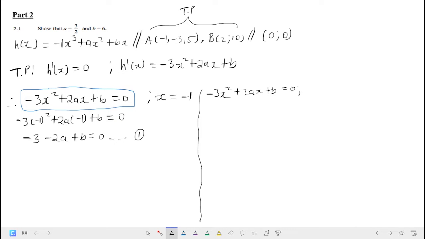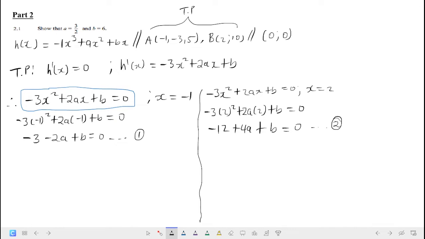So now let's substitute the second x coordinate of the turning point, which is x equals 2. Now doing that, we're going to have this squared plus 2a into 2 plus b equals 0. Now this gives us minus 12 plus 4a plus b equals 0. So this is the second equation.